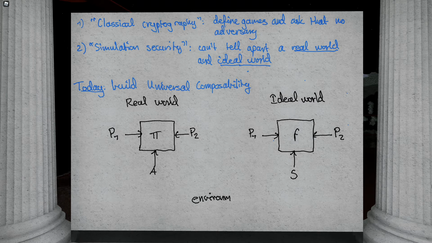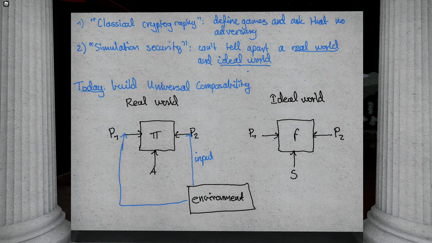And to make that a little more concrete, I'd like us to picture an environment. This environment is also going to be eventually an interactive Turing machine. And the environment's job is it provides input to each of the parties. And it interacts with the adversary. It receives some output from the adversary.